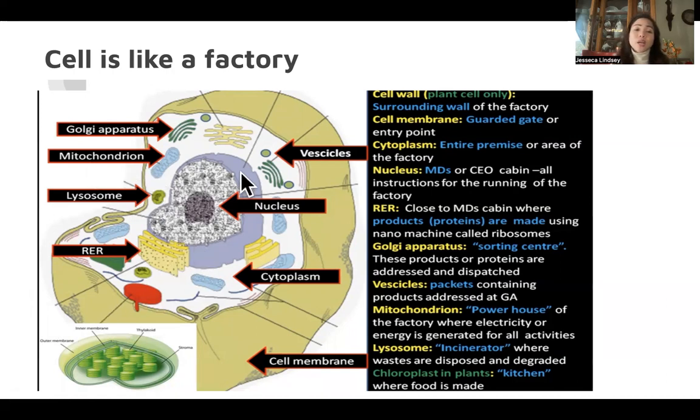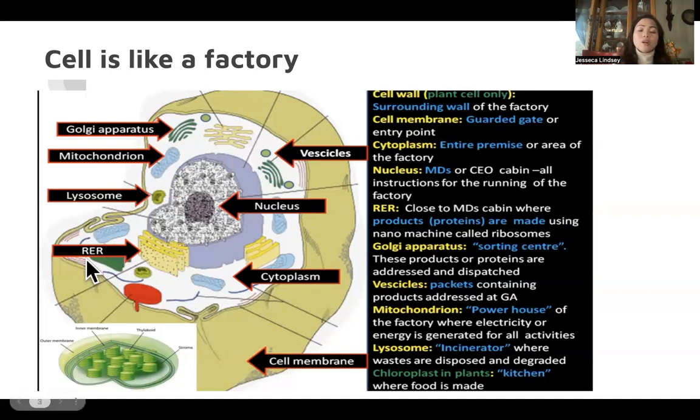Mitochondrion is known as the powerhouse. It's the one that generates ATP for the cell to function. Lysosome is like a trash collector. It collects the toxic chemicals from the cell.